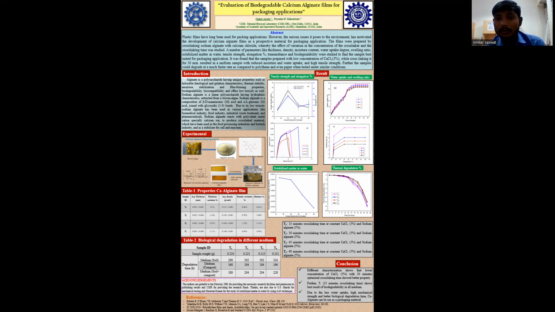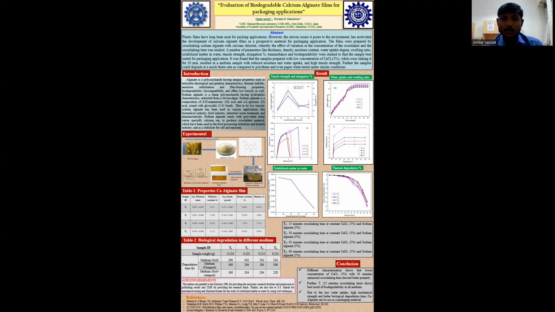When we increase the cross-linking time from T1 to T4, the water uptake percentage decreases, and the same pattern is followed for the swelling ratio. With more cross-linking time, the maximum amount of calcium present on the surface cross-links the sodium alginate, and the film behaves hydrophobically.